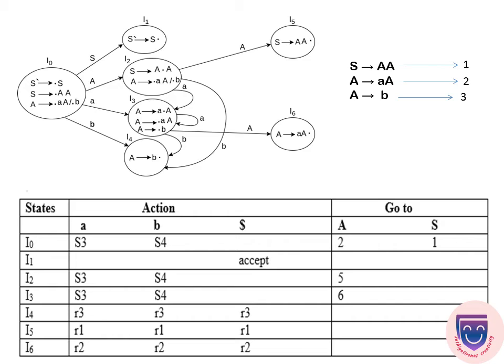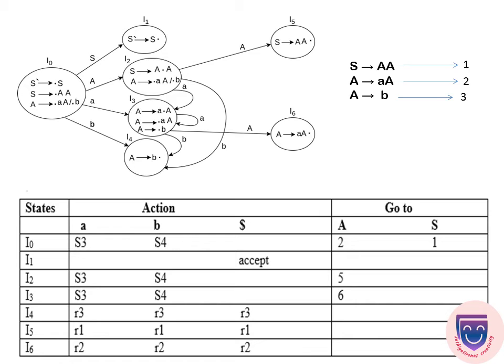This is the LR(0) parsing table. Let us see how to make the entries in this table. As I told you, in LR(0) also we have the operations like shift, reduce and accept. Before doing this, we have to know these things. If a state is going to some other state on a terminal, then it corresponds to a shift move.